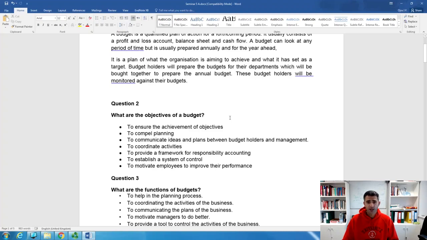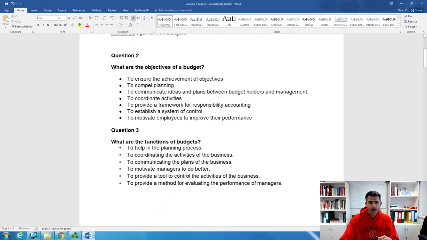For example, how to coordinate all the activities between the departments, how to communicate these activities between the departments, how to motivate the staff, how to improve things, and also how to achieve the objectives and the goals. And if you remember, we said the first stage of budgeting is planning the budget, and then the controlling.